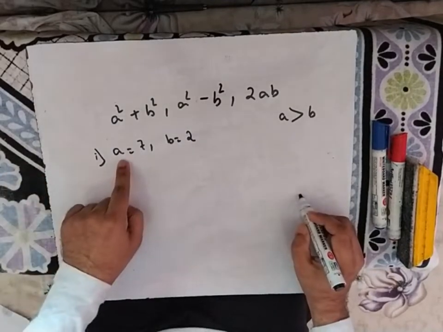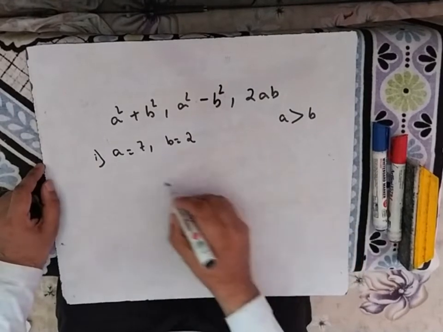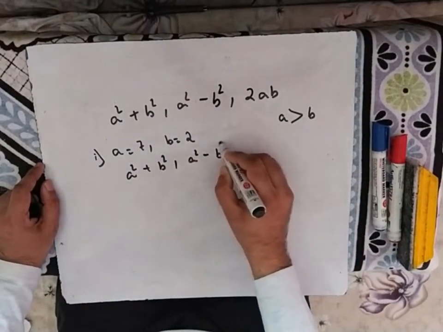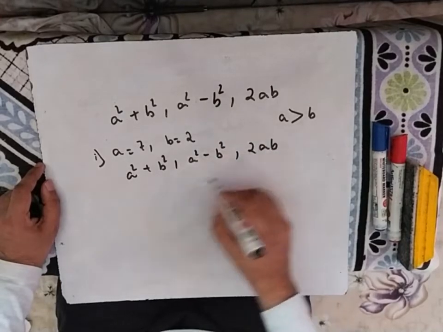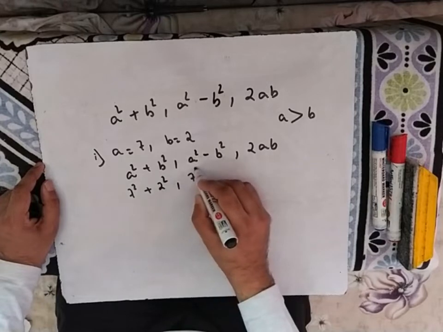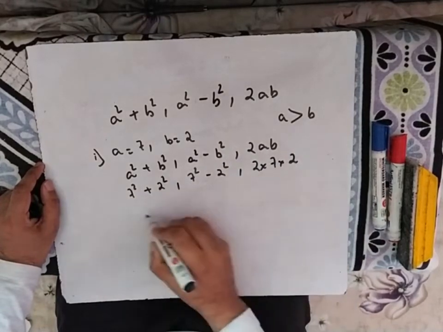Now substitute these values of a and b in these three expressions and you will get one Pythagorean triplet: a square plus b square, a square minus b square, 2ab. Substituting the values: 7 square plus 2 square, 7 square minus 2 square, 2 into 7 into 2.